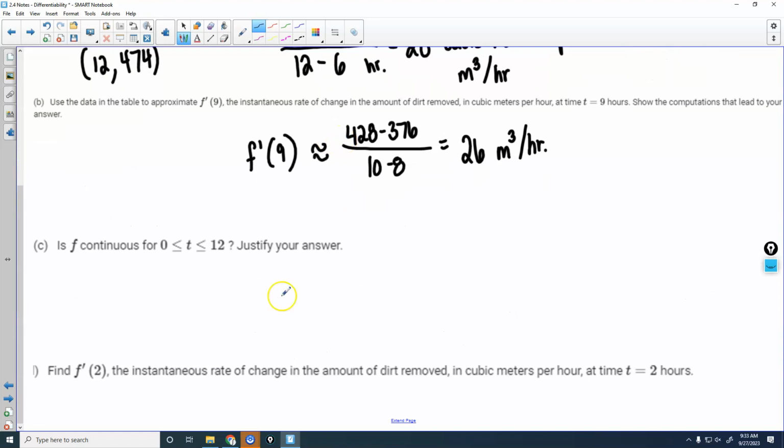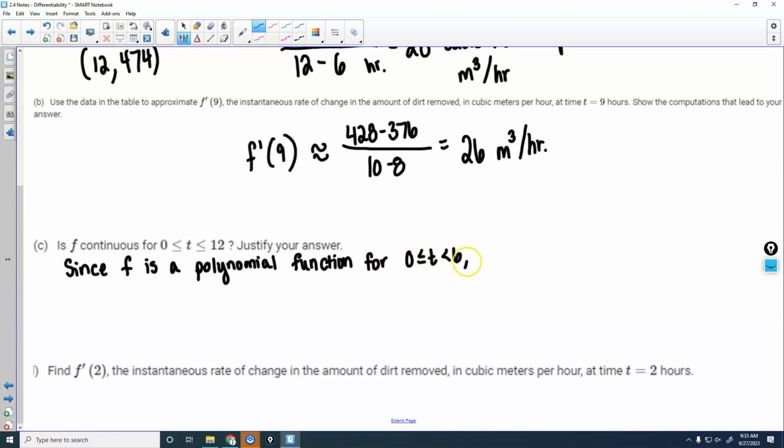So we would say for this, since f is a polynomial or cubic function, for 0 less than or equal to t less than 6, f is continuous on this interval.